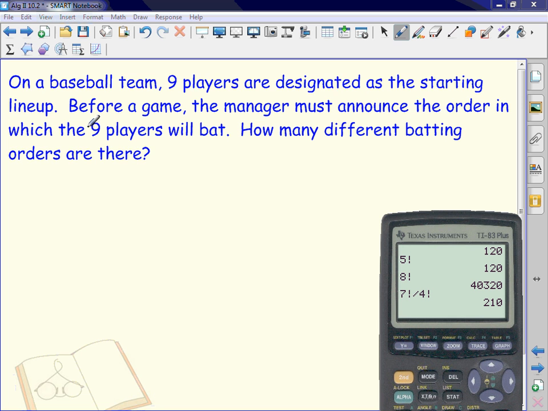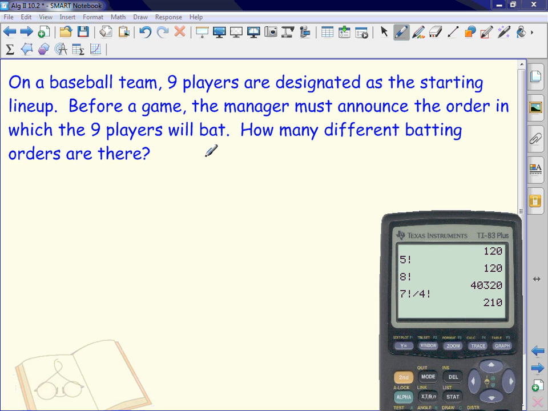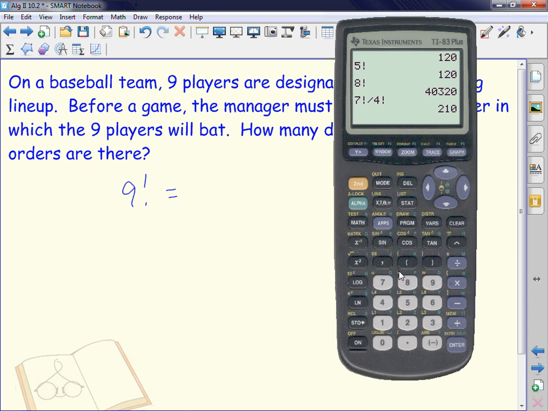Now I'm not going to sit there and use this formula. The reason why? I need all 9. So for this problem, it would be like if I had 7 and I'm playing 7. All I'm going to do is take 9 factorial, because I'm using all 9 options. 9, math, probability, 4.